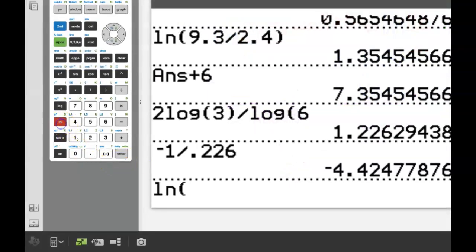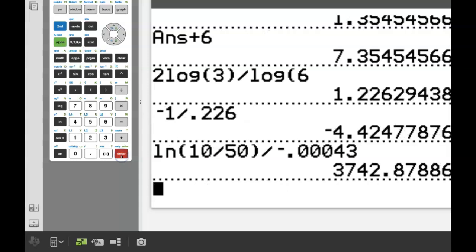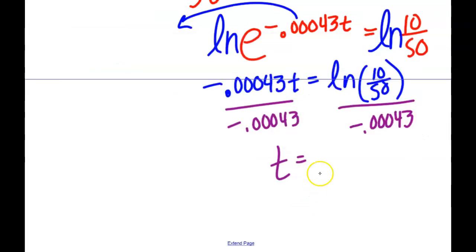Did you close your parentheses? ln of 10 over 50. It's going to be a big number, I think. 0.00043? 3742, or 3743 if we rounded.